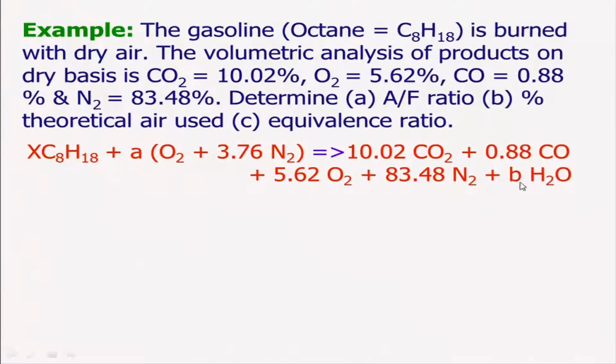Of course, the amount of water is not given, so you need to find it out. So, we will have to find out A and then B and then of course X. And keep in mind, this is one problem where the products are given.